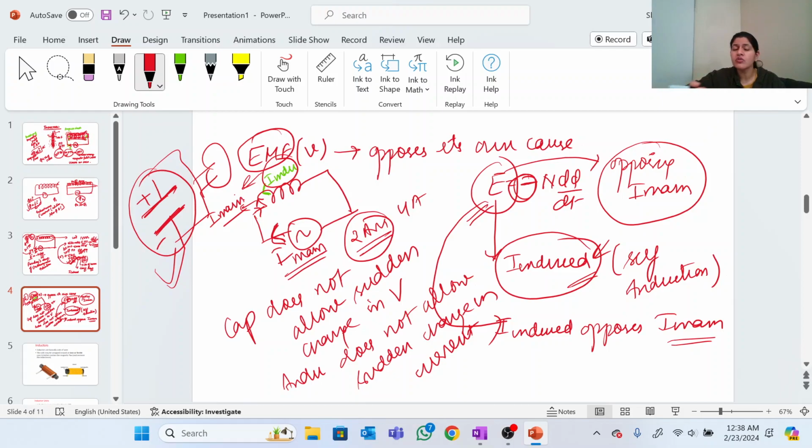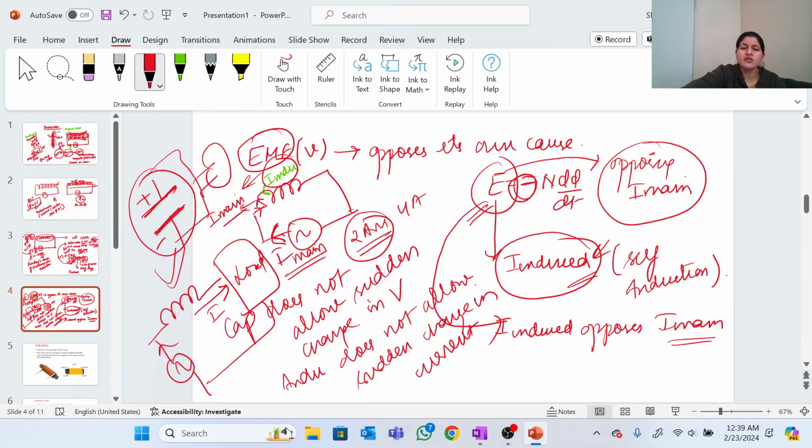If we are not looking for any such application and we want a constant current magnitude of 2 ampere or 4 ampere, we will always connect an inductor in series to that. So this will be the circuit or load, and from this inductor we will always get a constant amount of current, because it will not allow sudden change in current.